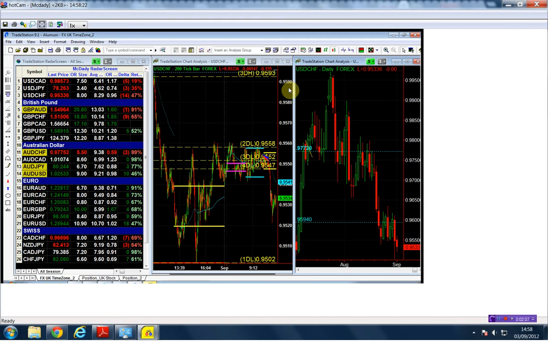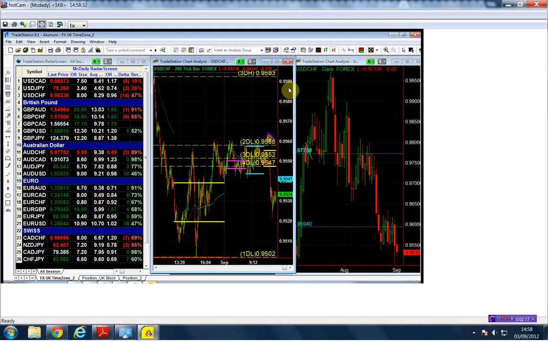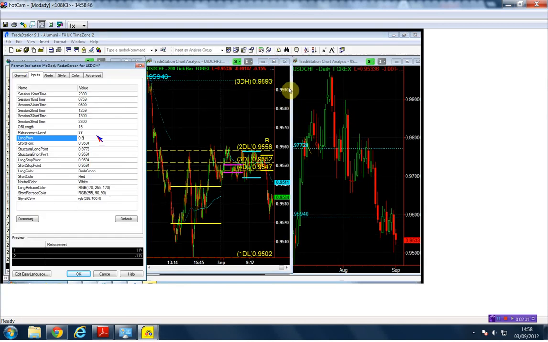So this makes our buy for the Swiss: we should not buy it unless it gets above these lows, above the 95.58. There is no reason to buy the dollar Swiss unless it gets above 95.58. That will be our buying point.